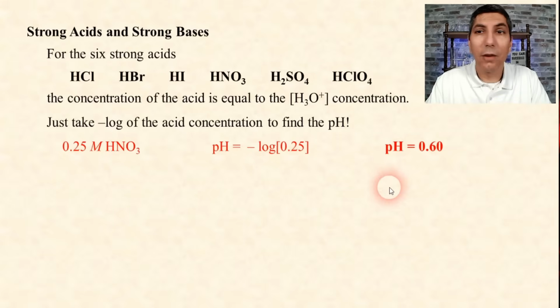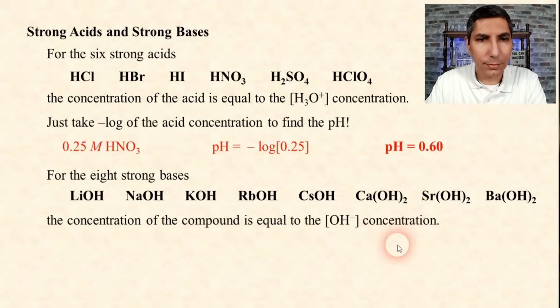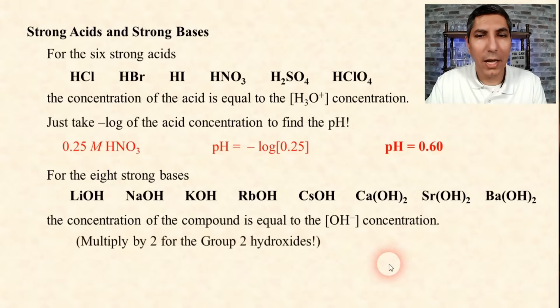Pretty simple. For strong bases, it's fairly straightforward as well. There's a little extra step in there. There are 8 strong bases, essentially the group 1 and 2 hydroxides. It's done the same way. The concentration of the compound is equal to the hydroxide concentration. Just be aware that on the group 2s, we have a 2-to-1 ratio, so you have to multiply by 2.